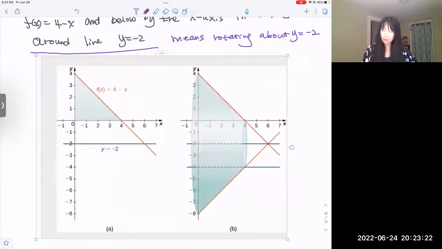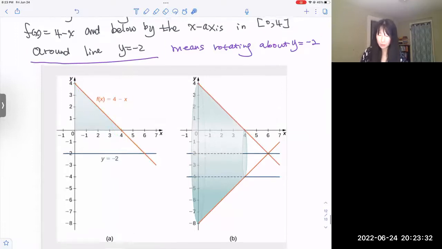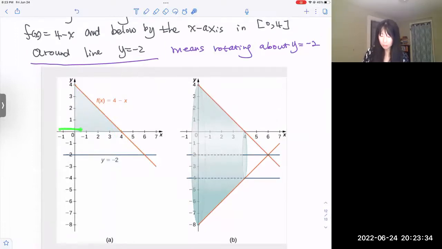So we have the graph, top graph. Then they say that bottom graph, x-axis here, right? Below by x-axis, okay, bottom graph. All right, but then they say that rotating about this line, y equal to -2, okay?